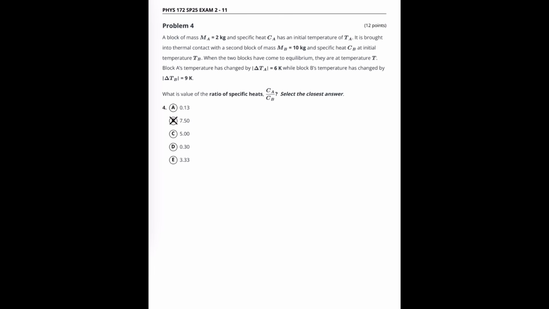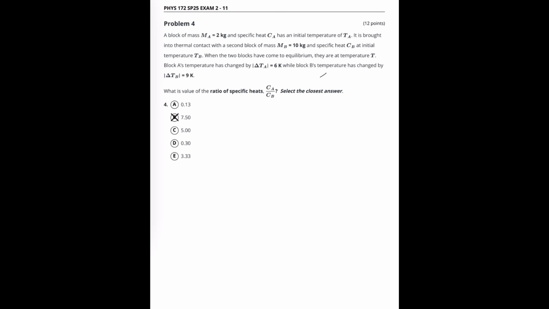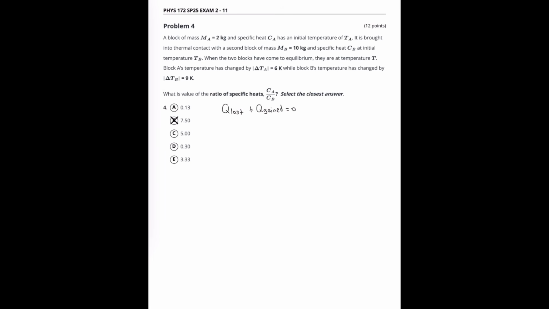Select the closest answer. We know by the conservation of energy that the heat transfer that is lost plus the heat transfer that's gained is equal to 0. And from that, we can say the magnitude of the heat transfer of A, Qa, is equal to the magnitude of heat transfer of B, Qb.